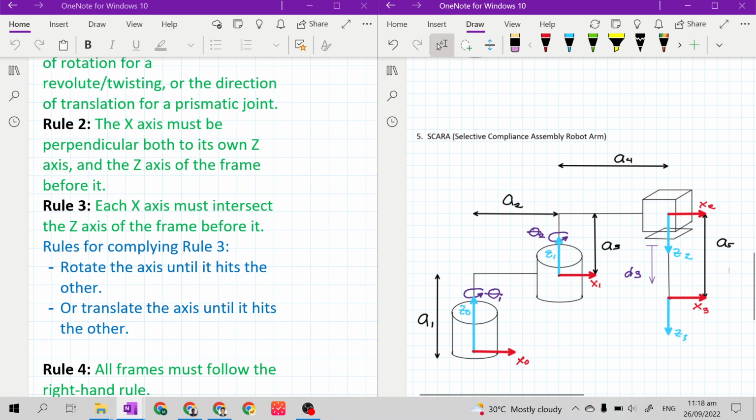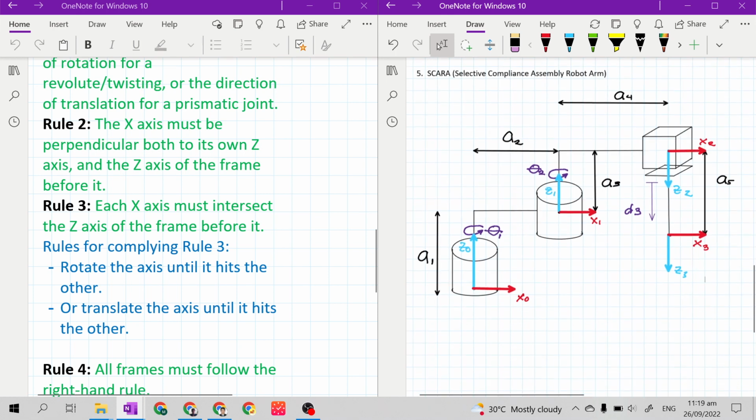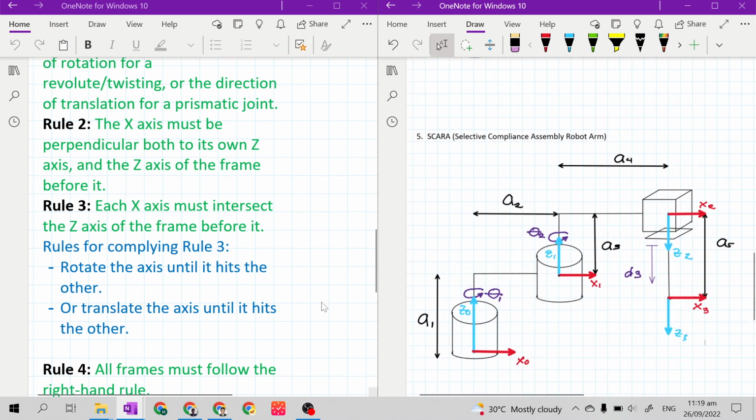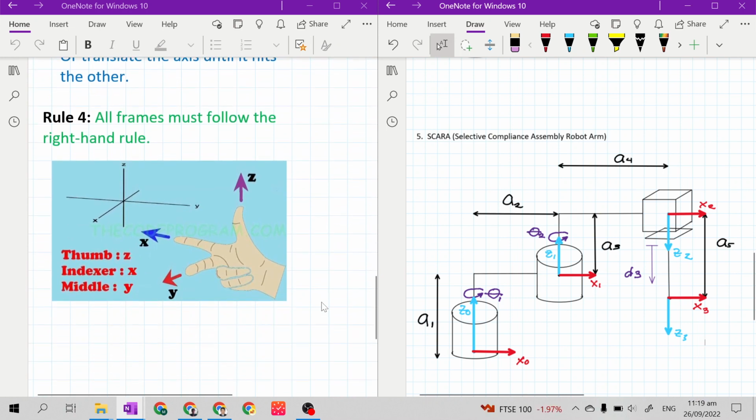And lastly, if we extend z sub 2, it will comply to rule 3 because it will intersect with x sub 3. So that's rule 3. Every x-axis is compliant to rule 3.